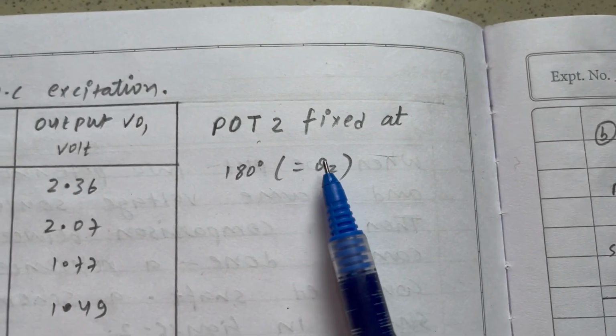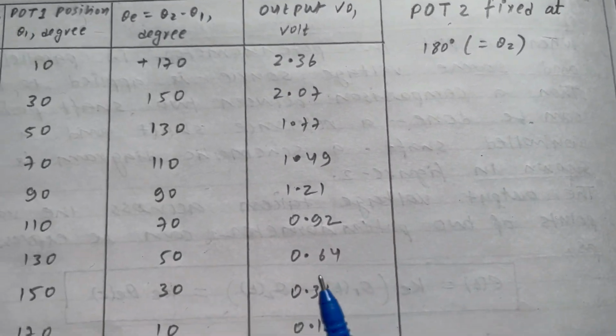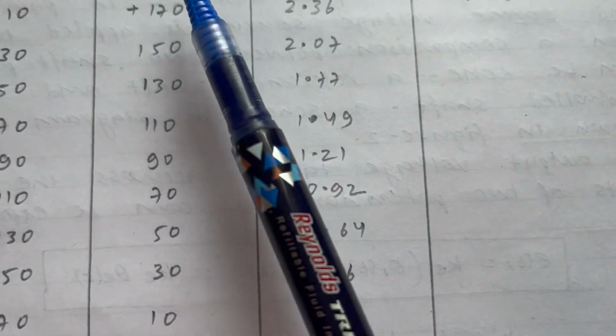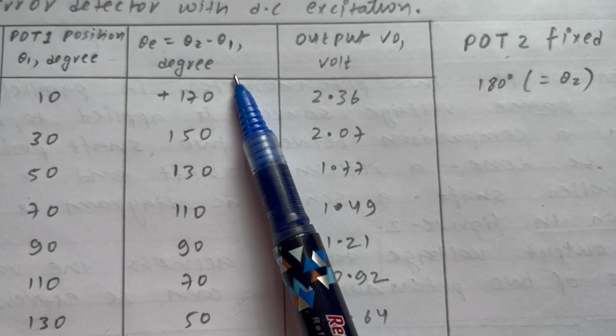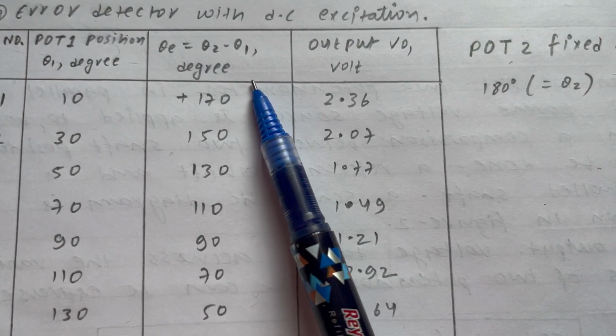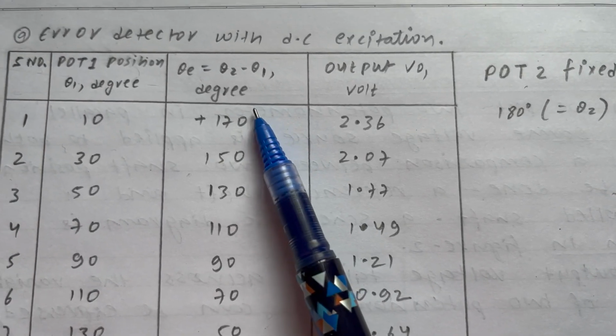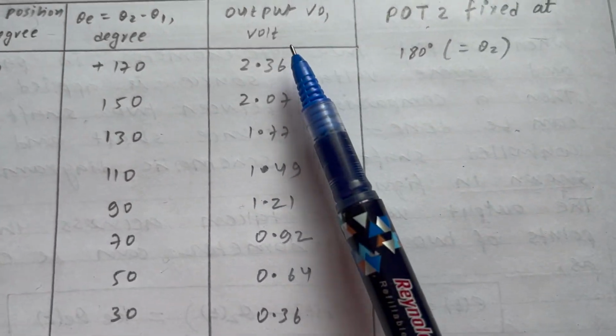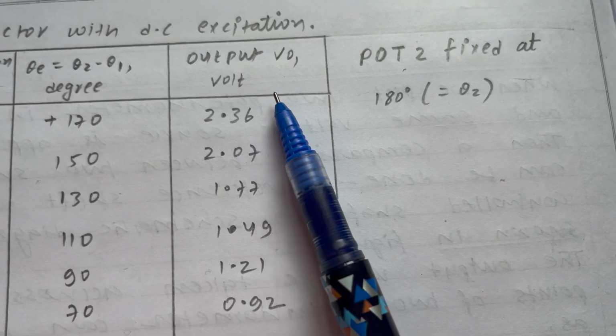So here I have written this, and this is the angular position error theta e, which is basically theta 2 minus theta 1, and this is the corresponding output voltage.